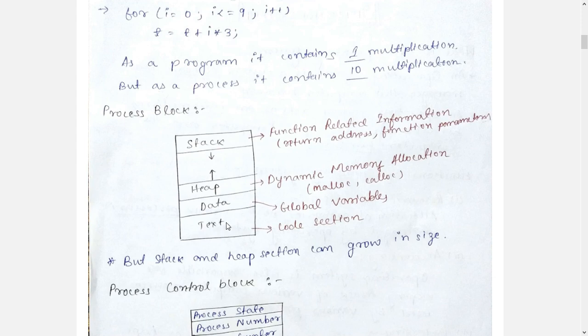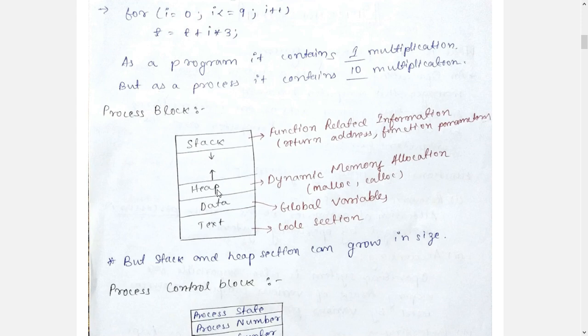The stack part of the process block is responsible for function related information. When you are running a recursive function, stacks find their application there, where you push your return address and continue with your inner function calls.